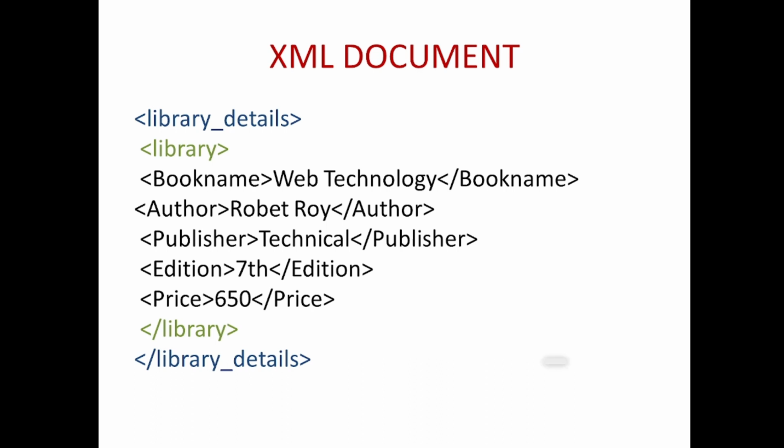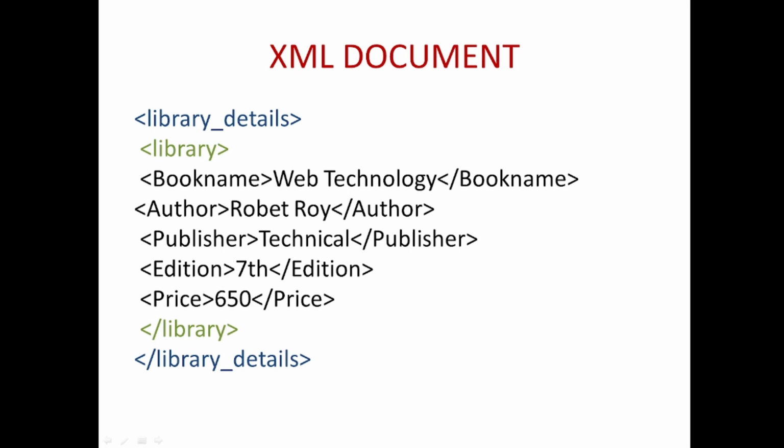Nesting properly means here there is a root tag, so it will be started at the beginning and ended at the end. And after it is started, and before it is ended, every XML element is going to be ended, right? So this is the XML document I created.